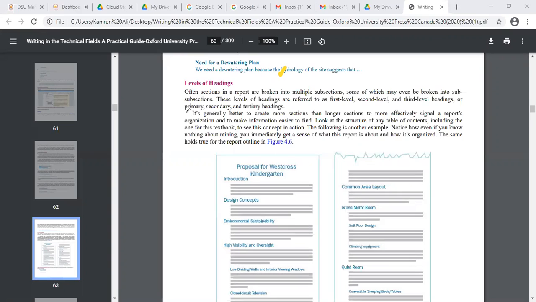So any text which can be part of the main text, because it doesn't talk about something which requires lots of detail and whose details don't stand out from the main document, then you don't need to make it a separate section, right?